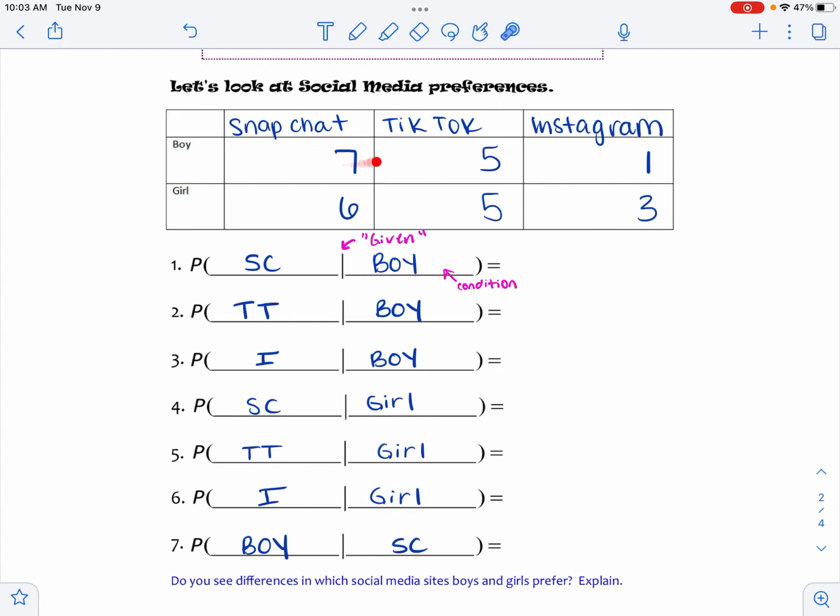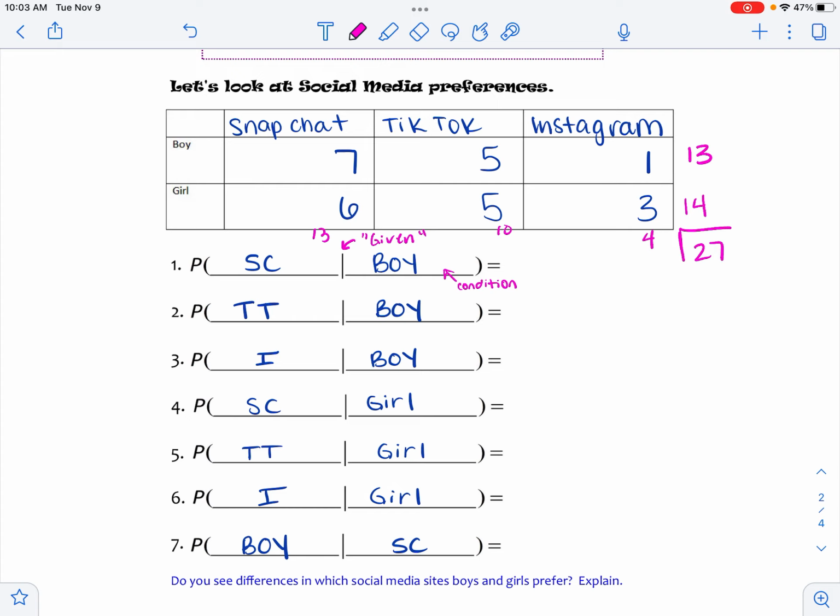Well, 7 out of, we didn't find our total, so let's do that real quick. 7 plus 5 plus 1 is 13 total. 6 plus 5 plus 3 is 14 total. Going down, 7 and 6 is 13, 5 and 5 is 10, 1 and 3 is 4. We have a total of 27 students.